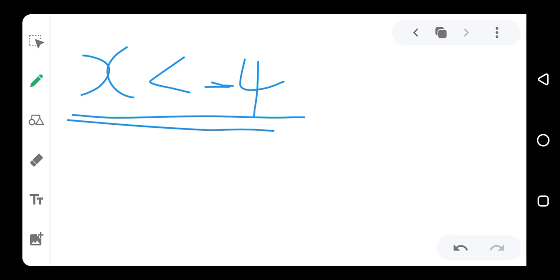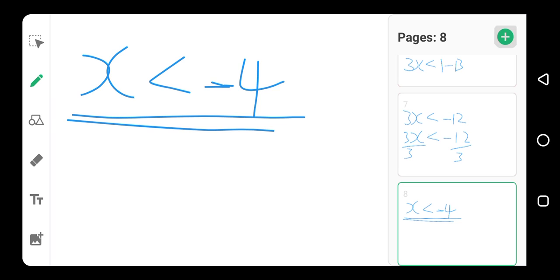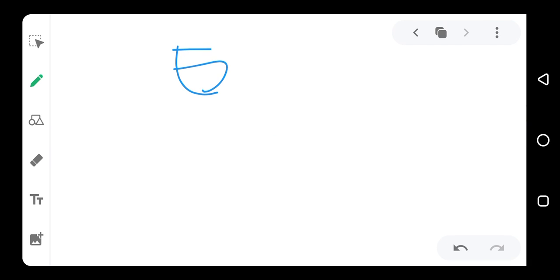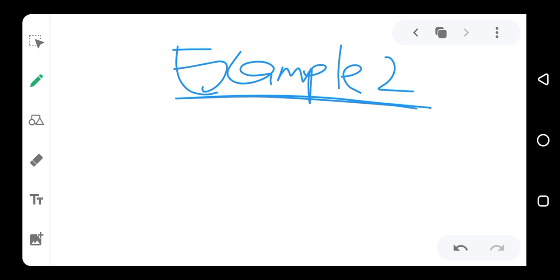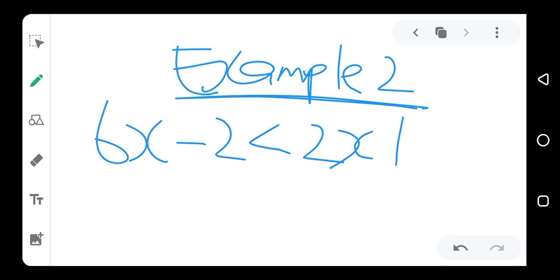Now let's solve this one also. 6x minus 2 is less than 2x plus 8.